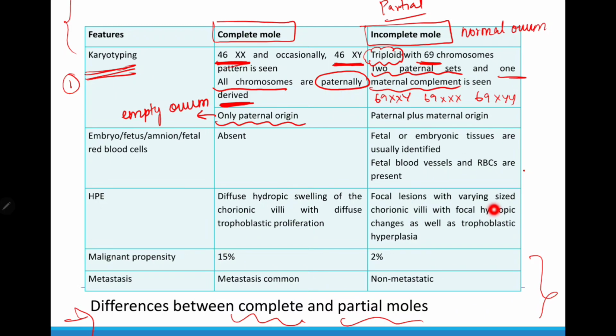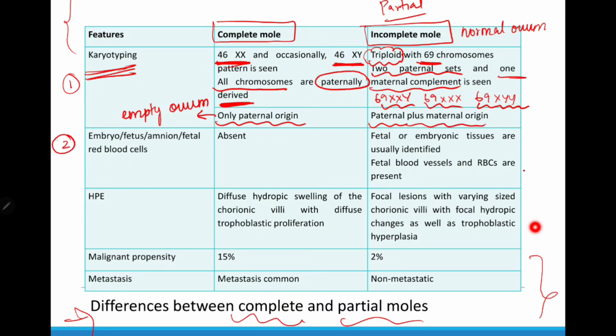Out of these, 69XXY and 69XYY, which involve the Y chromosome, have the 2 paternal sets, and whichever is XXX is a complete maternal complement. Therefore, incomplete or partial mole is of paternal plus maternal origin.